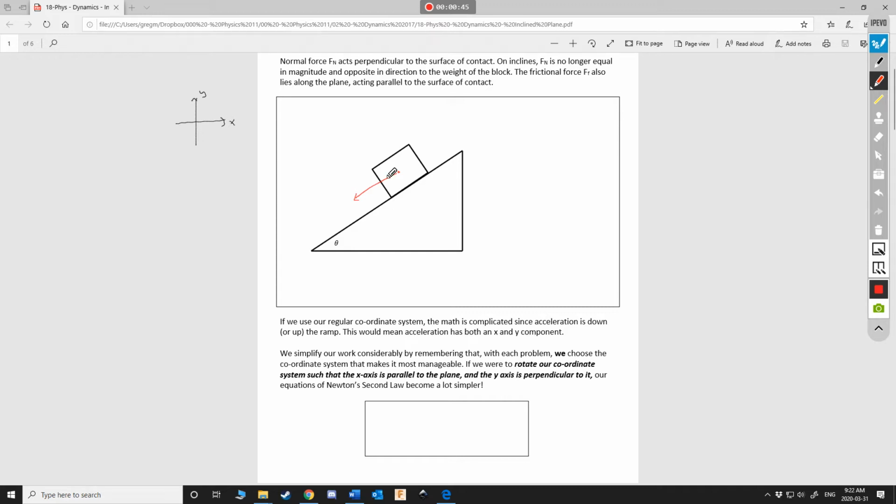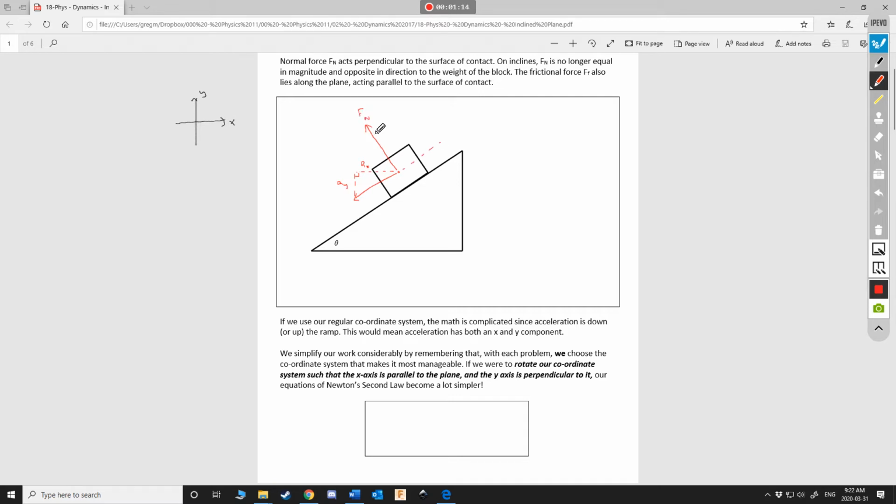What we end up noticing though is because it's down at an angle, our overall acceleration has an x component and a y component. And don't write this stuff down. I'm going to redraw it how we solve these afterwards. Also, we have a normal force which is perpendicular to our surface. So here's our surface, and we have that perpendicular normal force.